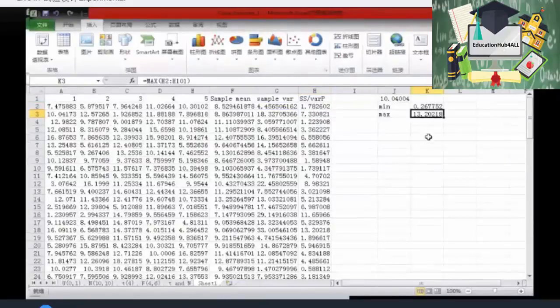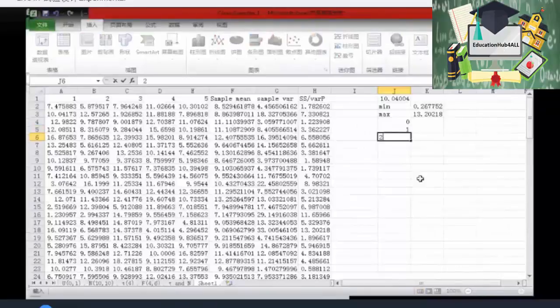What maximum value do you have? Now we make groups starting from 0, because a chi-square cannot be negative. 1, 2, 3, 4, 5, 6, 7, 8, 9.